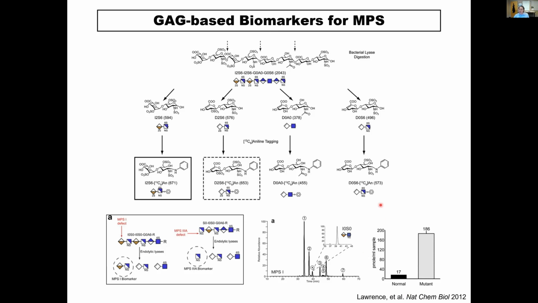And so I'm just showing you here that, for instance, if we look at a mouse model of a lysosomal storage disorder where they're missing an enzyme that's involved in removing this iduronic acid, you get a buildup of this disaccharide, not only in human patients, but also in these mice. And what we can do is use standards to detect how much of this disaccharide is present in our sample.